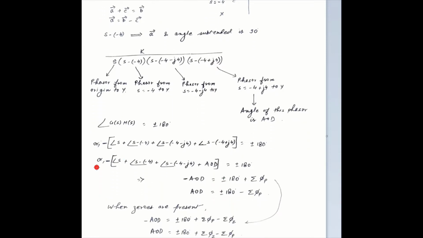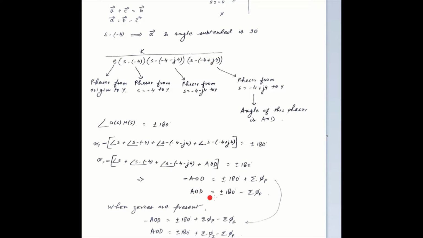So by solving it further, in place of writing the angle of this phasor, I have written angle of departure because these two are the same thing. So the negative of the angle of departure is equal to this, and now I have combined these three terms together and depicted them by this sigma phi p, that is the sum of angles subtended by these open loop poles at this given minus 4 plus j4 complex pole.